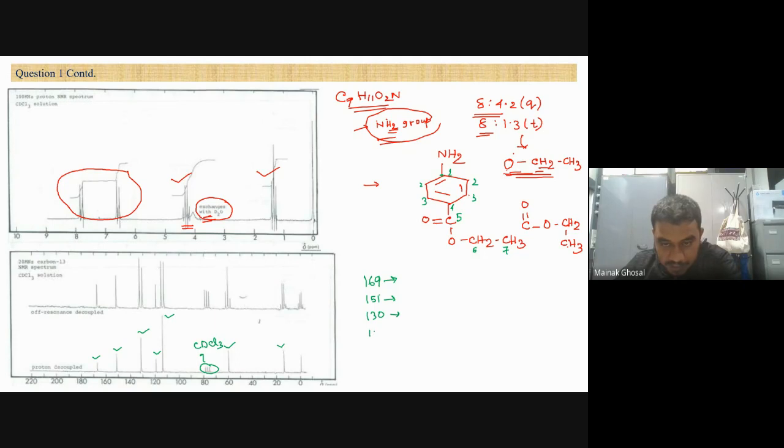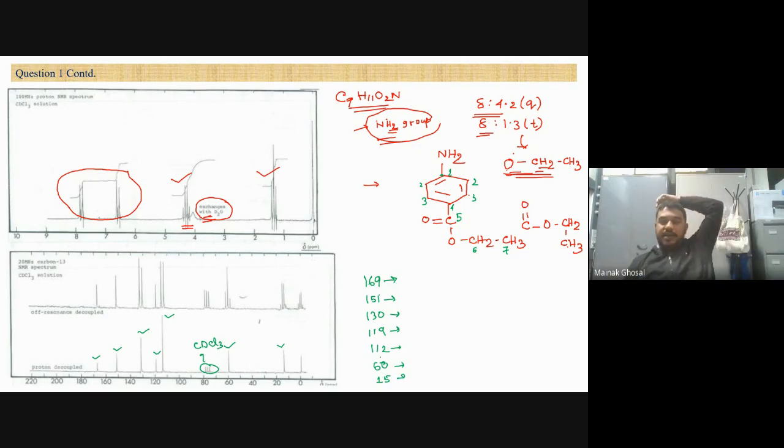You can see a peak at 119 or 120. You can see a peak at 115. Nearly this one. You can see a peak at 60. You can see a peak at 15 kind of thing. So 7 peaks you can see.